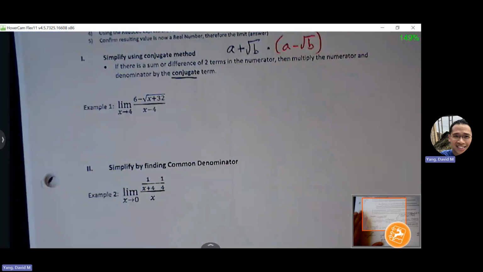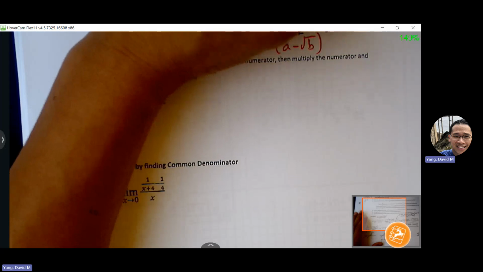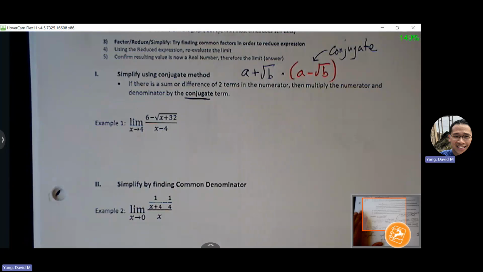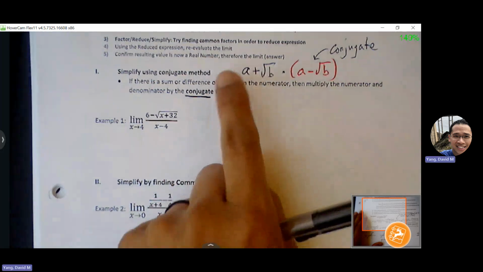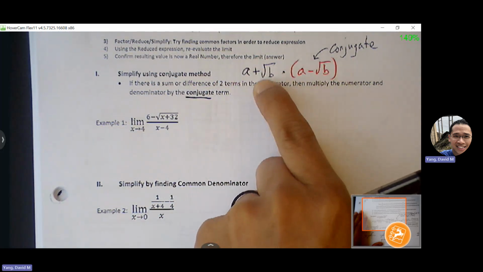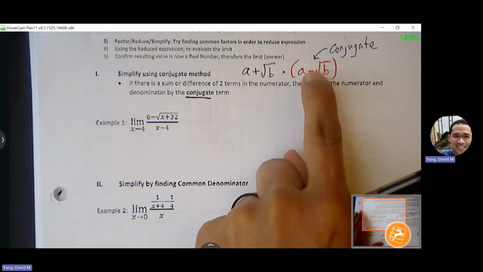And the reason that we want to involve multiplying by the conjugate is it allows for the radical to go away, and it allows for one side to clean up in a way that can help us identify the hole easier. So we always copy the exact same expression as we see in the problem with the radical, but the only thing that we change is the sign between the 2 terms.